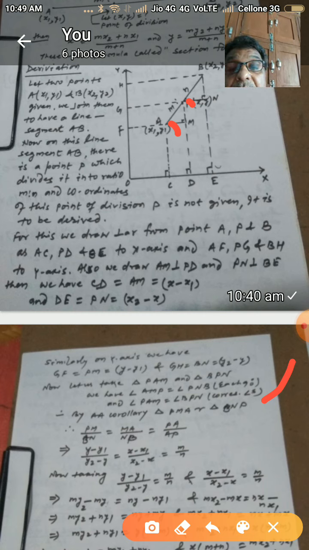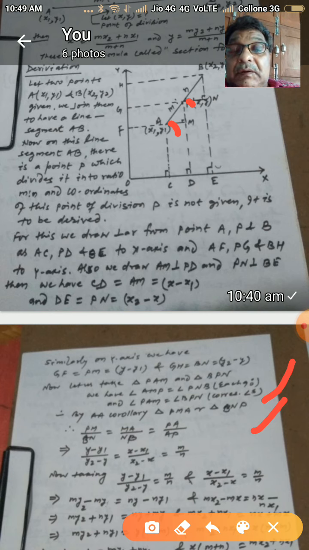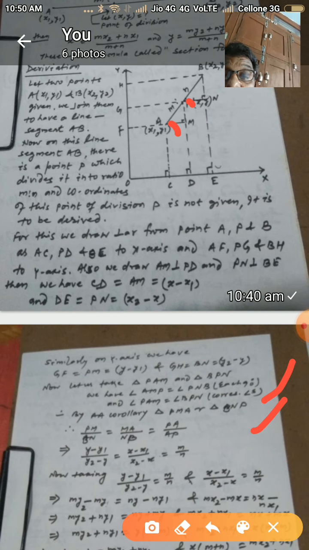So by the similar triangles rule, we have PM by BN is equal to MA by NP is equal to PA by BP.